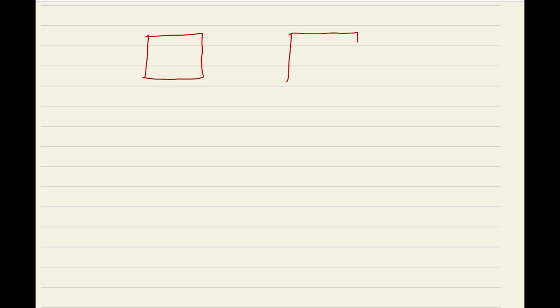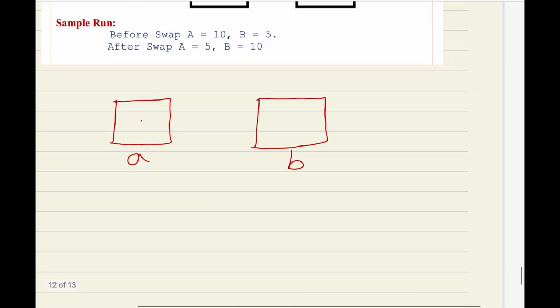We have earlier discussed that variables are similar to boxes in a memory location. So we have a variable a and another variable b. It means we have two boxes, the name of one box is a, the name of the other is b, and the value of a is 10 and the value of b is 5.